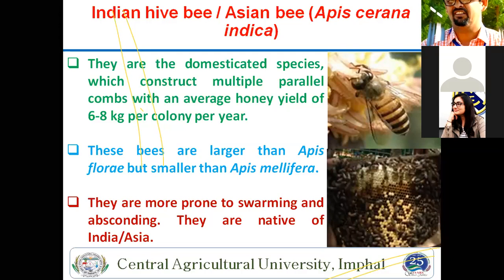One is Apis cerana indica, found in southern India; Apis cerana cerana, found in central India; and Apis cerana himalaya, found in northern India. We will also take a quiz after 4-5 classes, so this is important, you read it. How many subspecies of Indian bee are found? In India three are found. So this is also important.